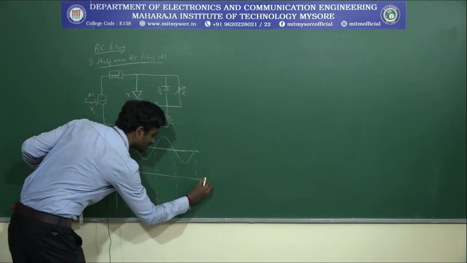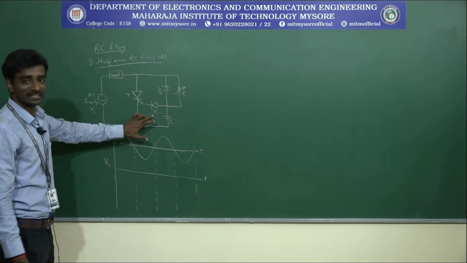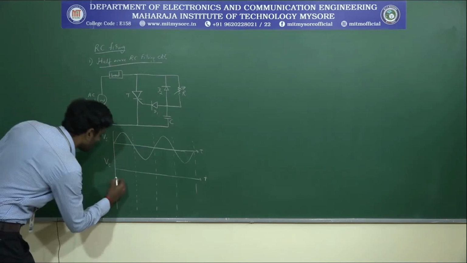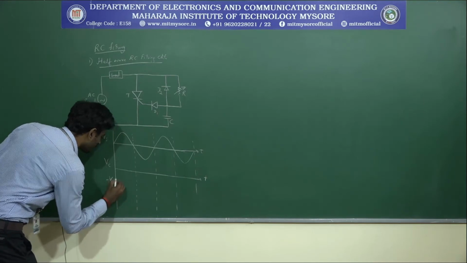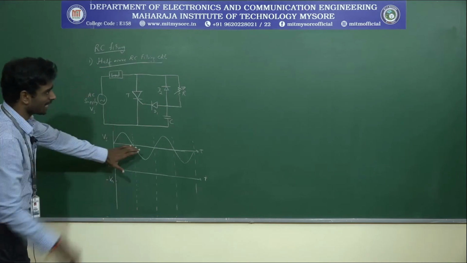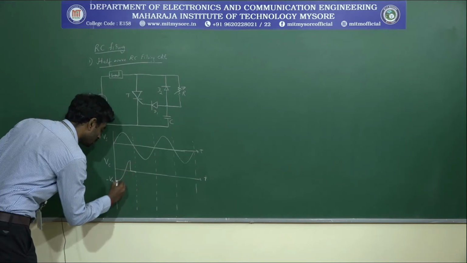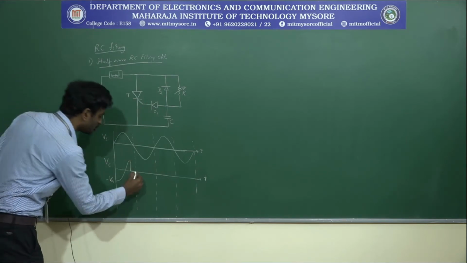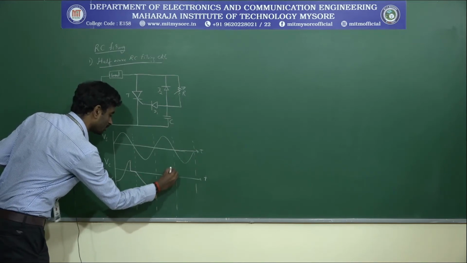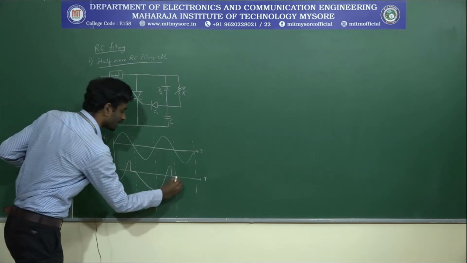If you consider the VC, that is the capacitor voltage here, at the initial state your capacitor voltage will be very minimum, and it will be maximum at the peak of your voltage. So this will be considered as the minimum, and for the negative cycle it will be negative only, and again for the positive cycle it will be like this. So this will be the VC of your circuit.